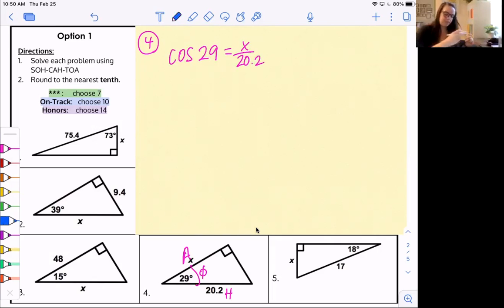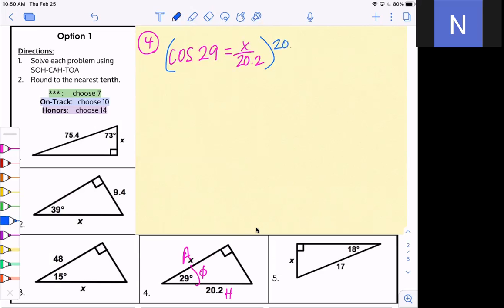And then what? I have to multiply it. So I put it in parentheses, and then I multiply by 20.2 on both sides. And that's when I cross out 20.2 and 20.2 on the right. Good. And then from there, I put it all together.